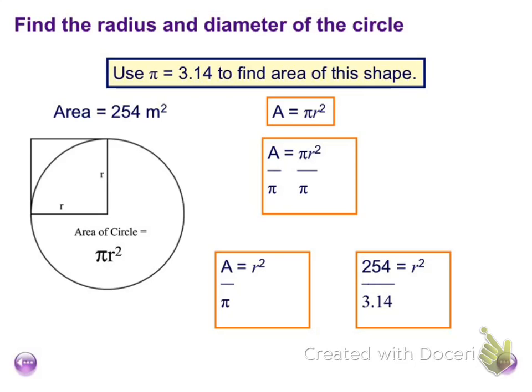So after I do the division, I take the square root of both sides. And if I'm rounding to the nearest whole number, I'll find that the radius is going to be equal to 9 meters. Notice that it's not 9 meters squared, it's 9 meters because it's a one-dimensional calculation, and therefore my diameter would be 18 meters.